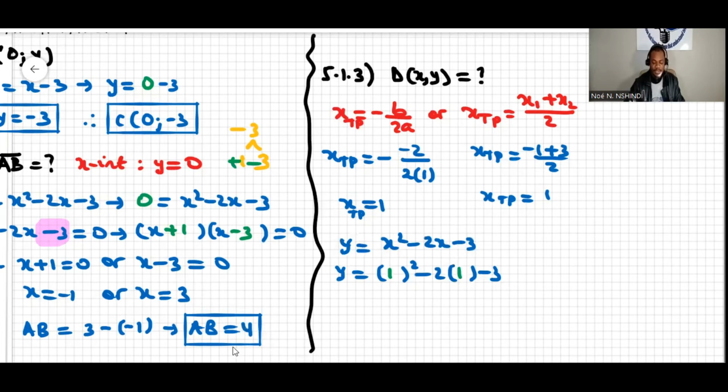That makes y equal to 1 minus 2 minus 3, and this makes y equal to negative 4. So therefore, D is (1, -4). That's the turning point, the point D.